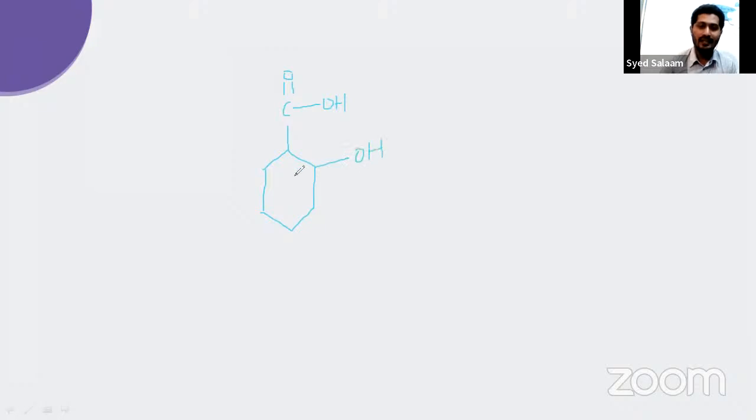Among these different hydroxy derivatives of carboxylic acid, only salicylic acid has high effectiveness. Why? Because of the hydrogen bonding. So intramolecular hydrogen bonding is needed for salicylic acid.